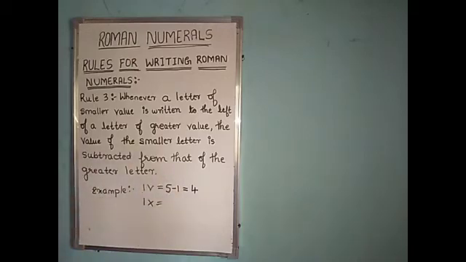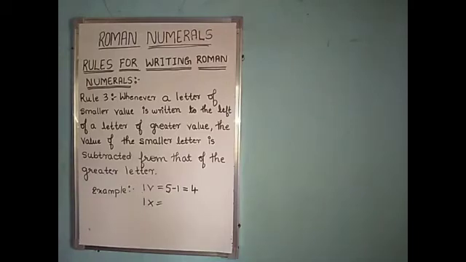Second example. Here, X is a letter of a greater value and I is a letter of a smaller value. Here, the letter of smaller value is written to the left side of a letter of a greater value. So, what is the rule? Whenever a letter of smaller value is written to the left side of a letter of greater value, the value of the smaller letter is subtracted from that of the greater letter.